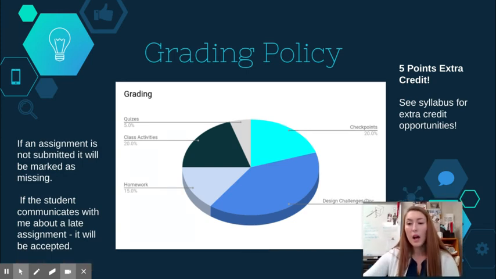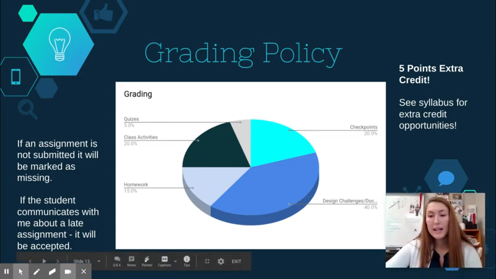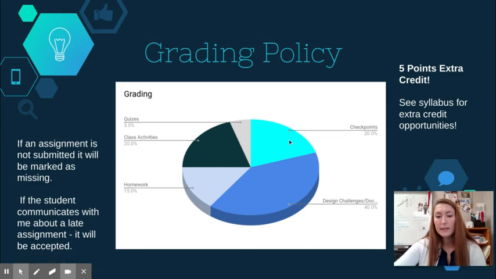The main chunk of the grades that you'll see in Genesis is going to be checkpoints. And then the big thing that we're going to be focusing on in this class is design challenges and documentation. Documentation is what I focus on when I present students with design challenges. Their ability to document the development of their solution is what matters.